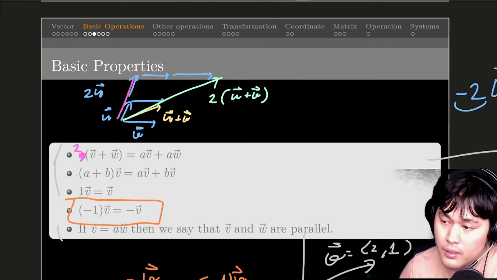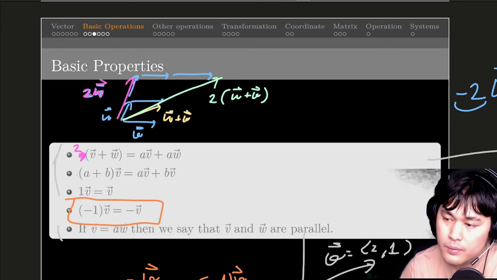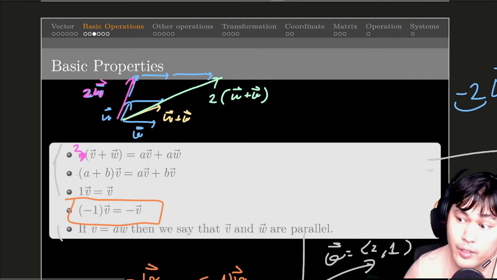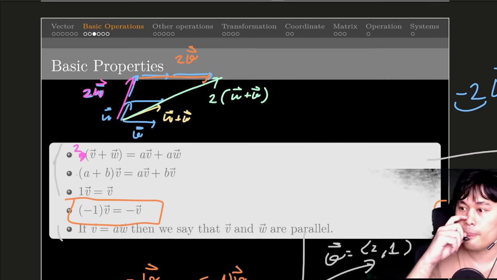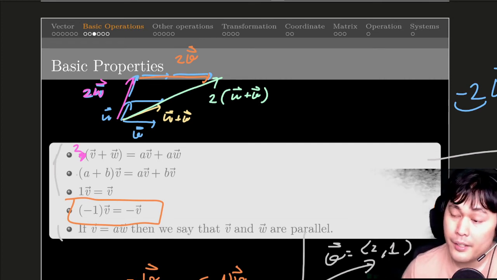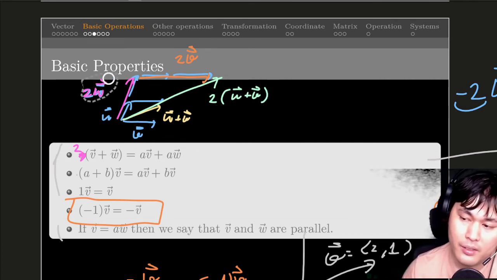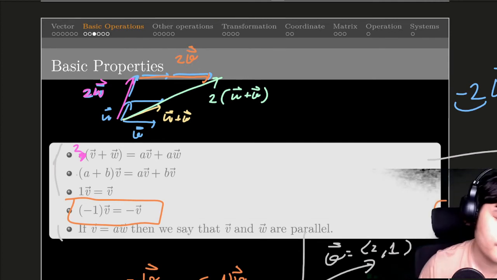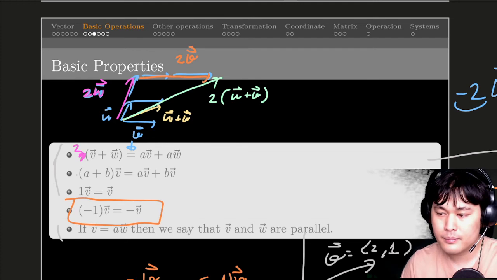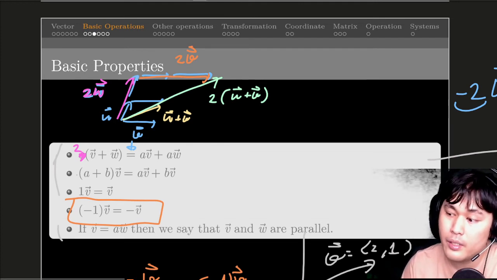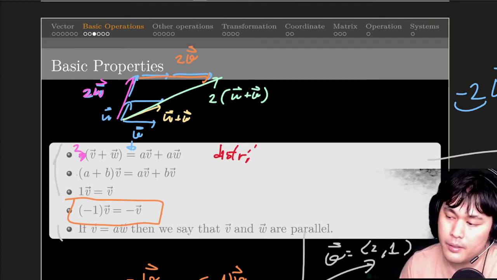This longer vector is 2 times u, and this longer vector in the other direction is 2 times v. And so we can see that this green vector is this pink plus this orange vector. And that's what we have here. That's the result of what we call the distributive property.